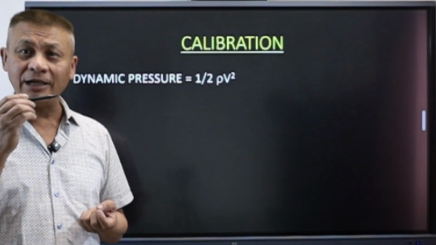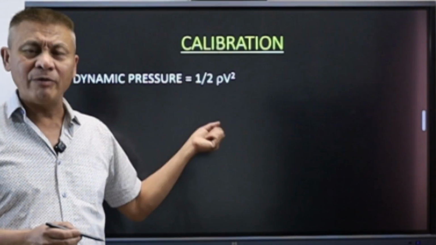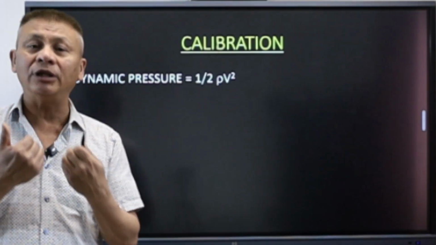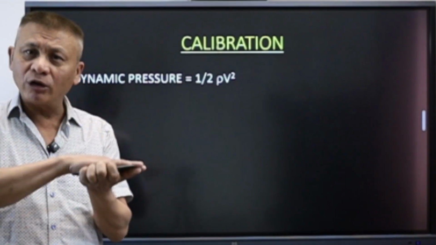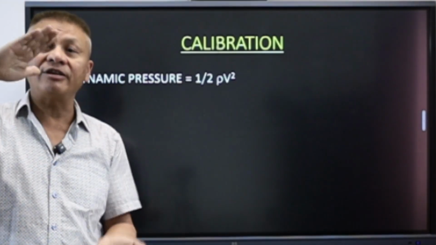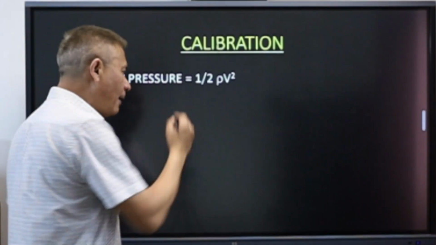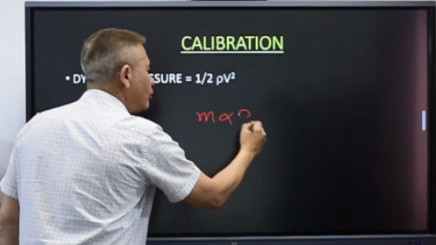So the kinetic energy was half m v square. However, air does not have a fixed mass, because the mass depends upon the density of the atmosphere. More the density, more the mass. Lesser the density, lesser the mass. So the mass is directly proportional to the density of the air.